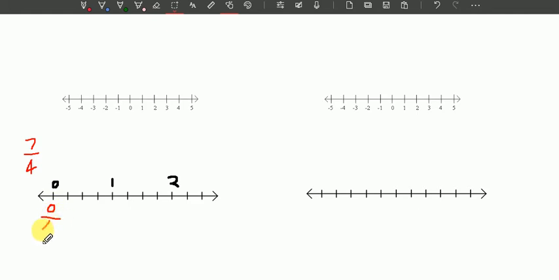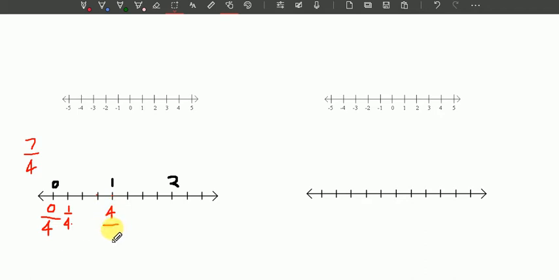The next number is 1 by 4. Similarly, the next is 2 by 4, 3 by 4. This number would be 4 by 4.